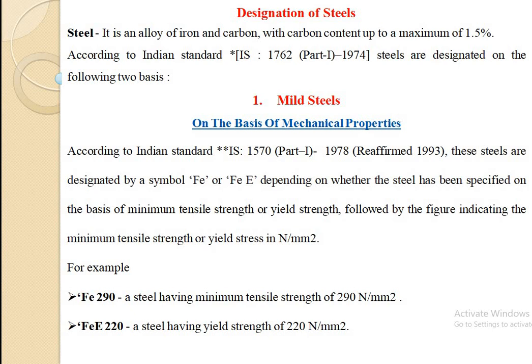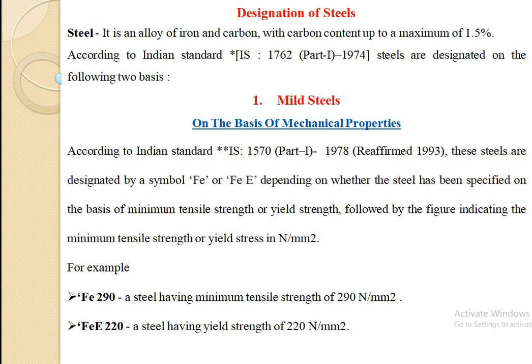If a design engineer knows the mechanical property of that particular steel, the chemical composition of that steel, and the type of that steel, then he can easily choose that steel for a particular application. So in simple language, a designation is nothing but giving a nomenclature, giving an identity to a particular cast iron or steel on the basis of its mechanical properties and chemical composition. This is known as the designation.